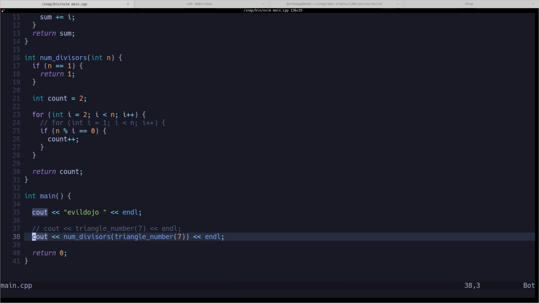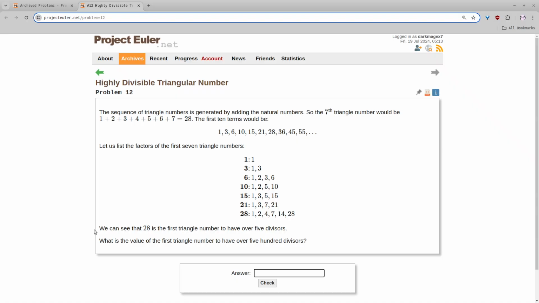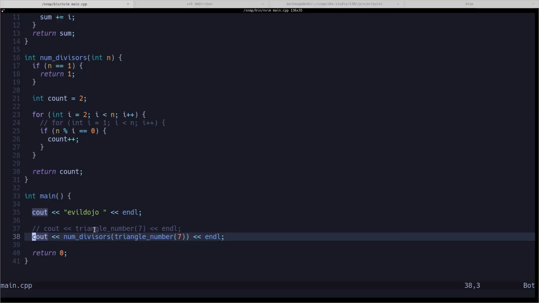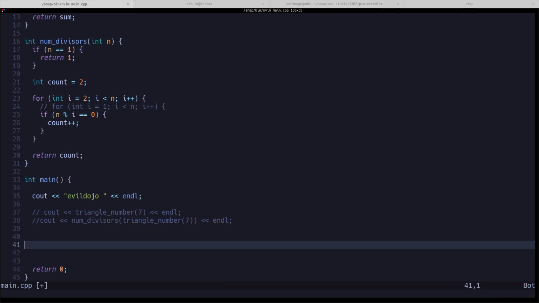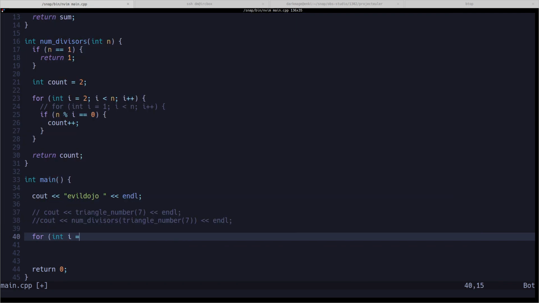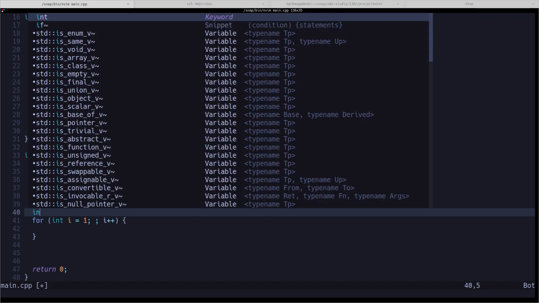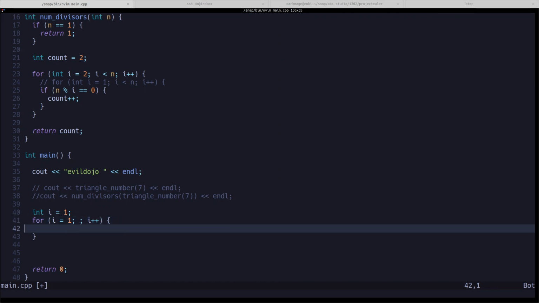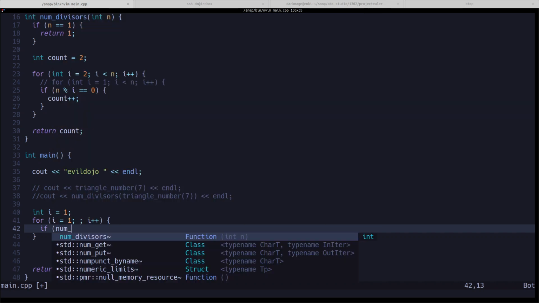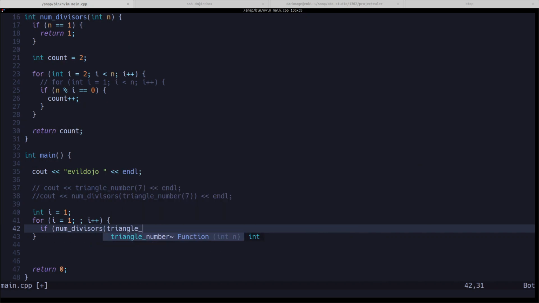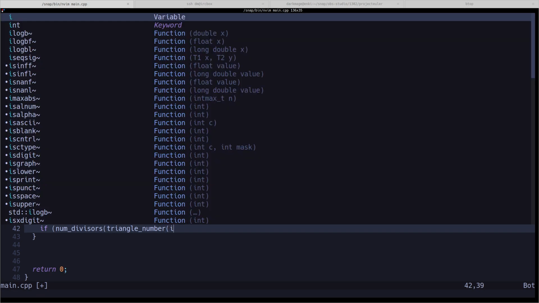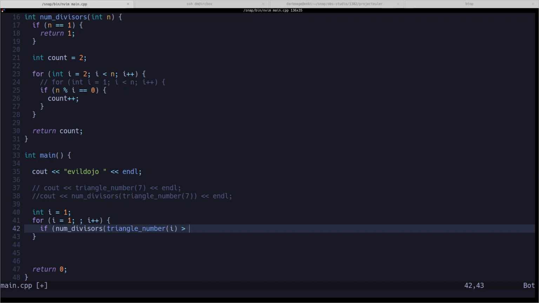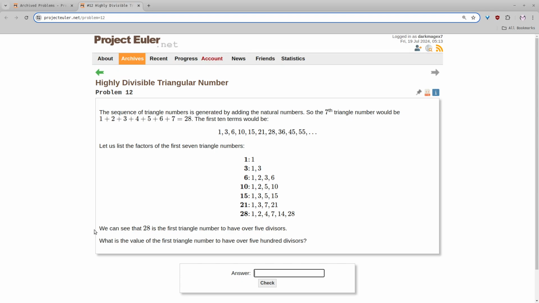Now, here's the fun part. What is the value of the first triangle number to have over 500 divisors? Over 500, right?